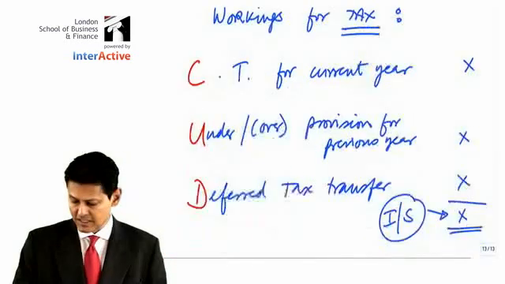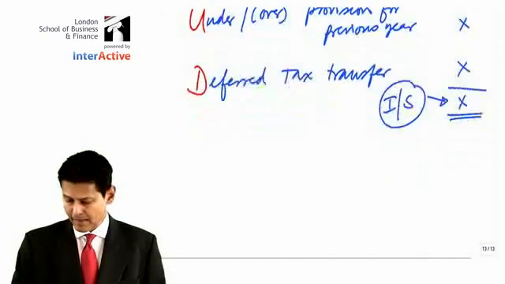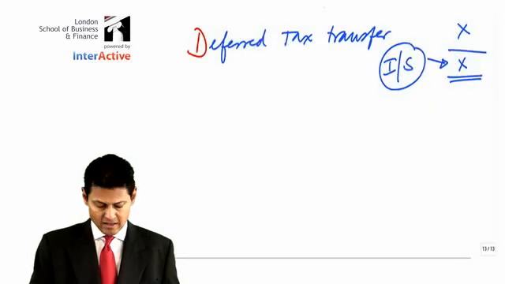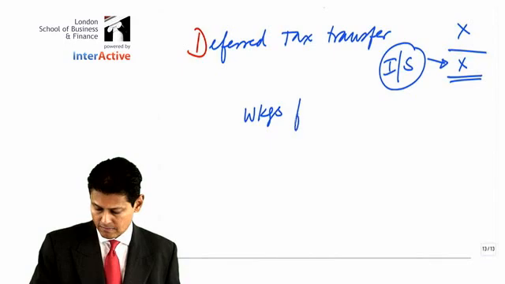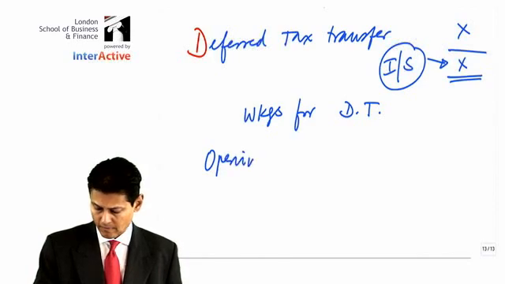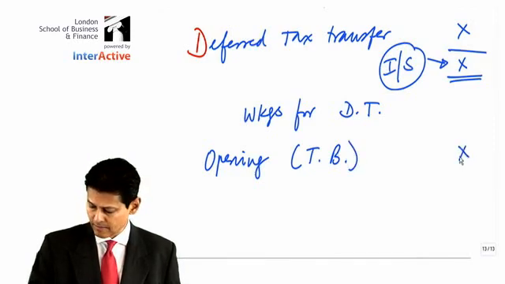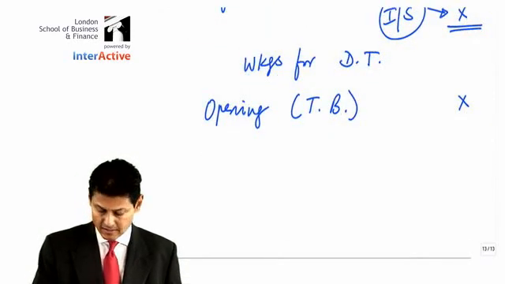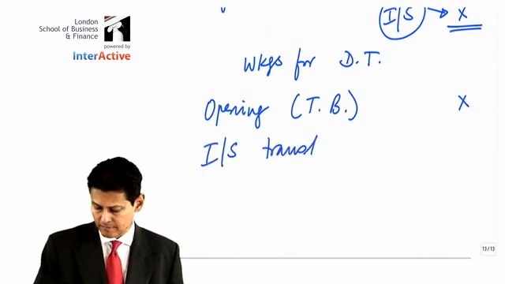How about deferred tax? I'll explain the detail of deferred tax in a minute, but let's see what the familiar territory is. Workings for deferred tax. You have an opening figure which comes from the TB, the trial balance, usually a credit balance. Then you have the income statement transfer.